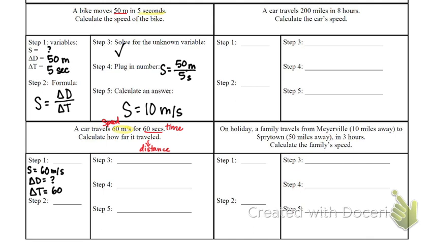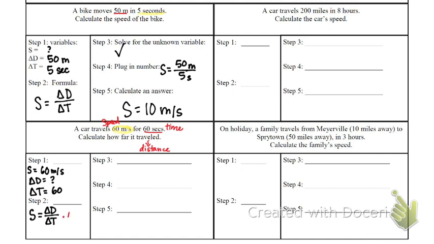So when we do this, still working with speed, our formula is still S equals delta D over delta T. Is this what we want to plug into? Is it solved for what we're looking for? No. What needs to move?